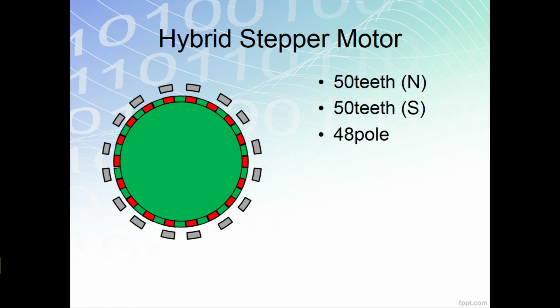It also has 48 poles positioned in such a way that the vertical poles are completely aligned with the south poles, and the horizontal side is completely unaligned with the south rotor. Take note that if it is completely unaligned with the south rotor, it is perfectly aligned with the others.